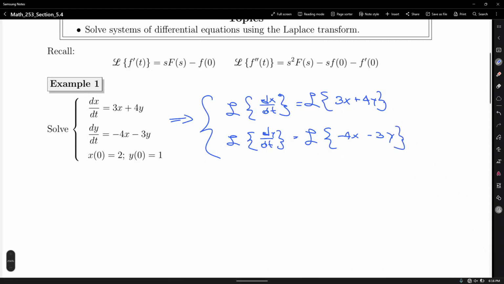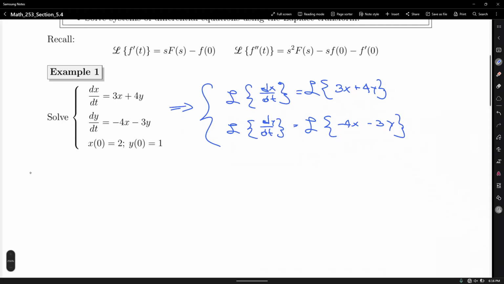Okay, the Laplace of the derivative, be careful, because now we're going to use two different variables. This is going to be s X(s) minus x(0) in this case, equal to the Laplace transform of 3x, which is simply 3 X(s). The Laplace transform of 4y is simply 4 Y(s).